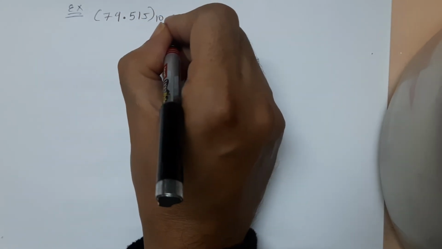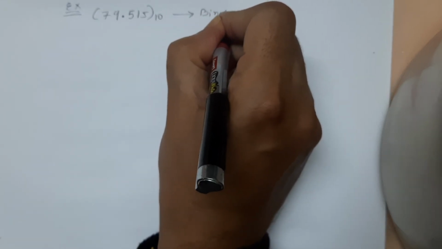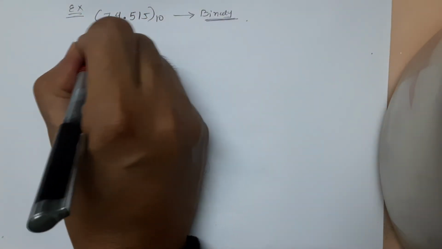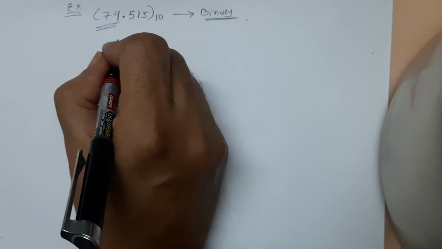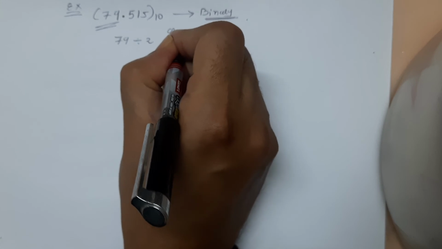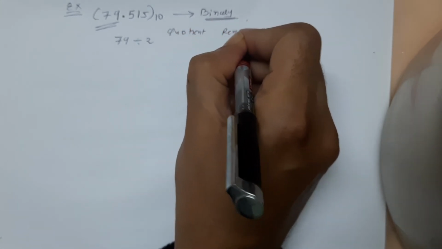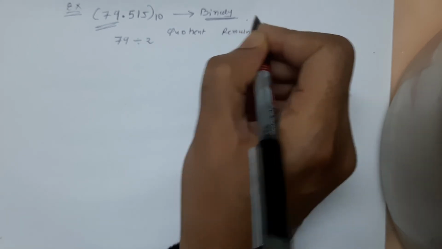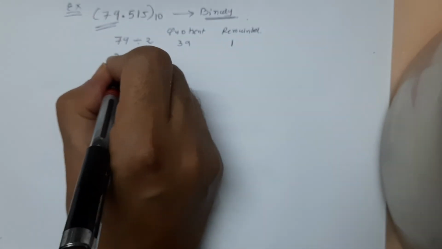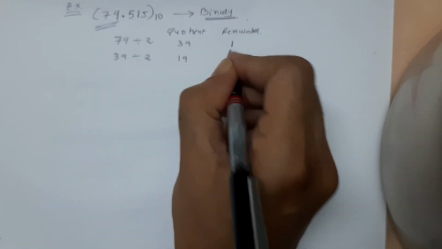This decimal number we want to convert into binary. So this 79, first of all we will take 79. 79 divided by 2, quotient 39 and remainder 1. This 39 divided by 2, 19 and remainder 1.